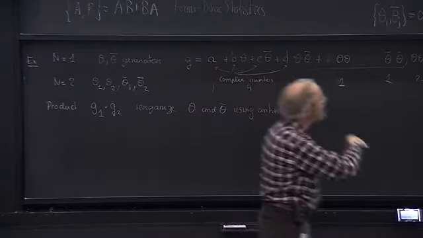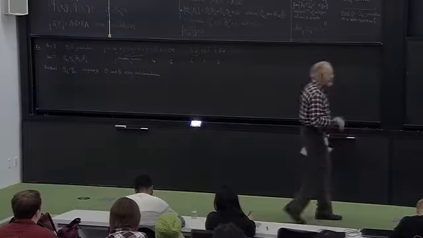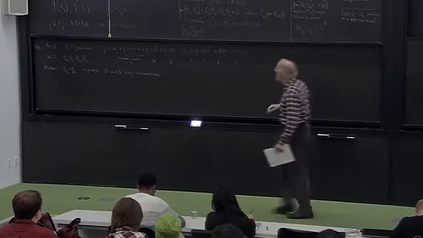And each time that you get 2 thetas of the same kind, you get 0, because theta squared equals 0.